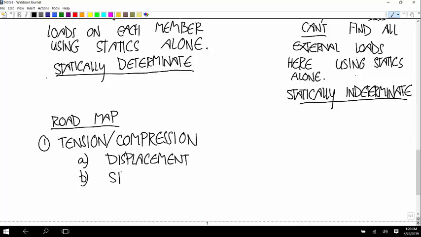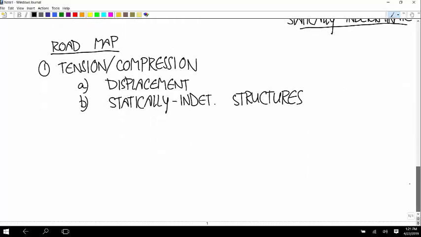And then we're going to do statically indeterminate structures for members in tension and compression. This is also going to include thermal expansion, by the way. I'm going to fit it in somewhere.